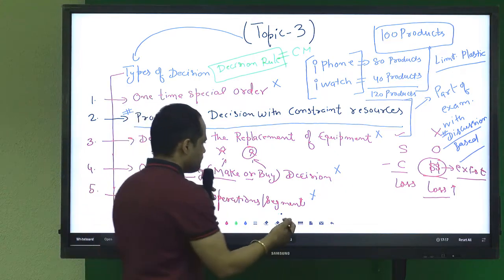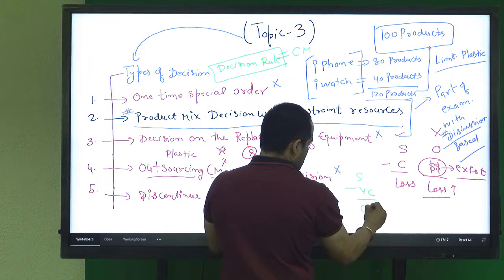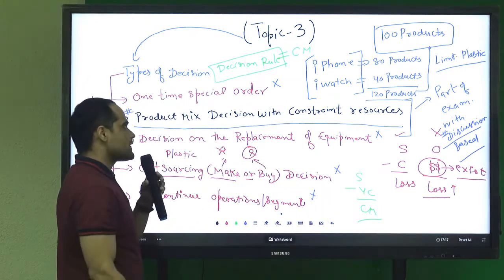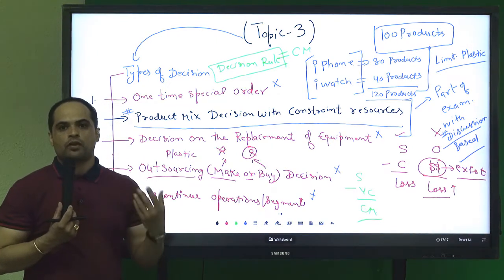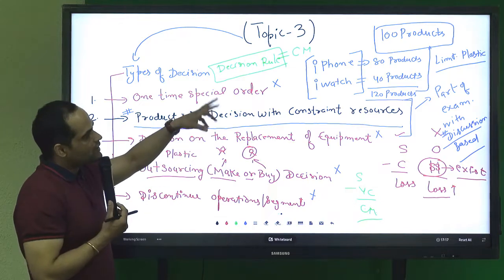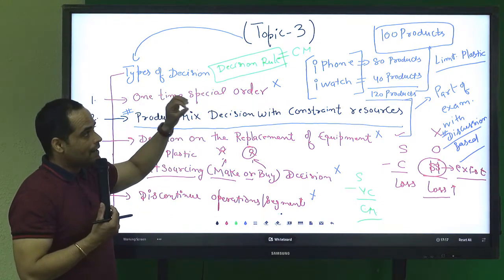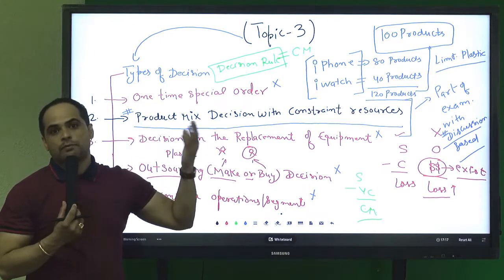Contribution margin means sales minus variable cost. On the basis of contribution margin, we will see which product is more profitable. Whatever product is more profitable for the company, we will make the decision to produce that product first.